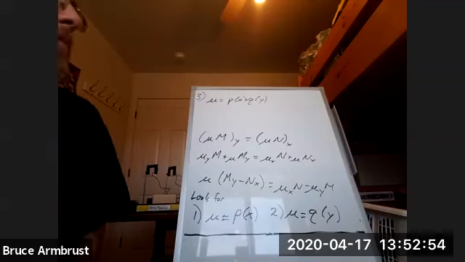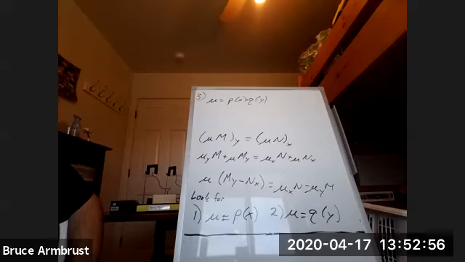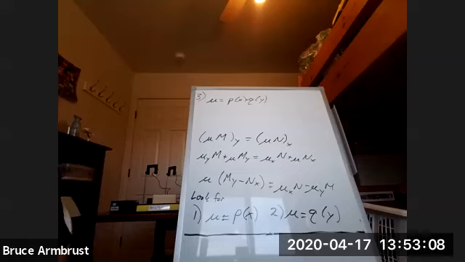Now, this one may not be as obvious why it will work, but really what it comes down to is superposition. I don't know if you remember, but there was a homework problem a ways back where we saw that if y1 was a solution to one non-homogeneous differential equation, and y2 was a solution to a different non-homogeneous one, the sum of those was a solution to the sum of the two equations.